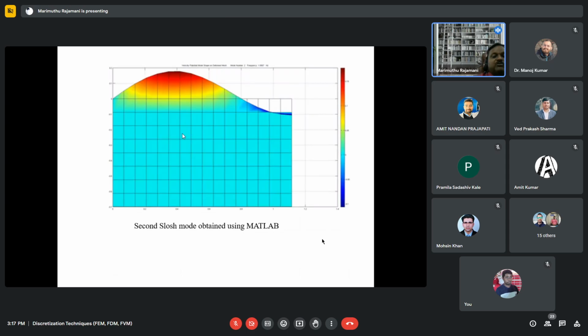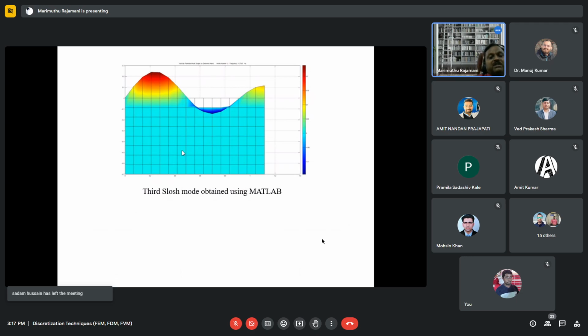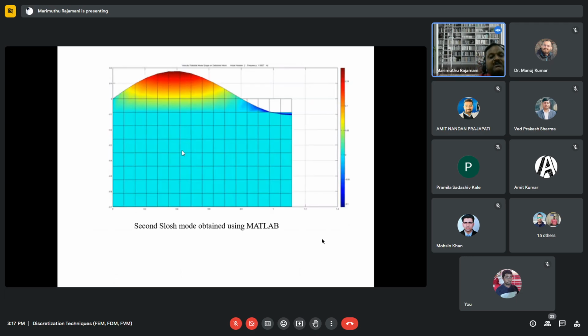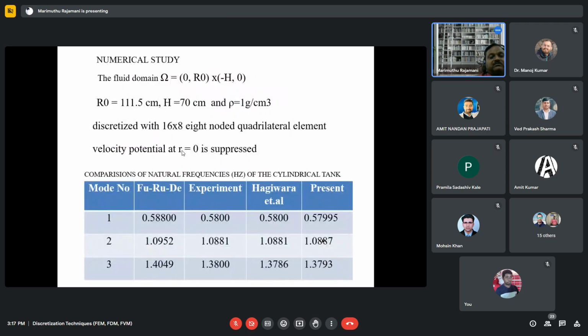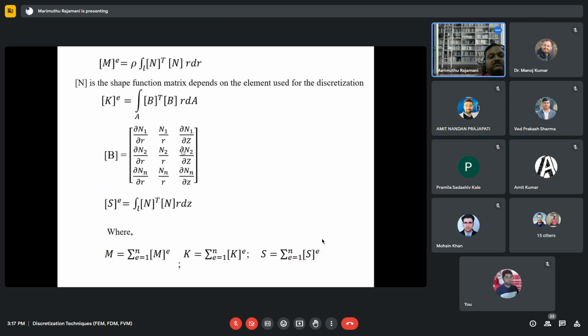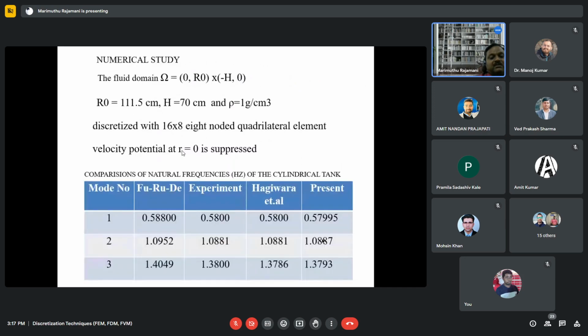This is the second mode, and this is the third mode, whose frequencies are given here: the first mode frequency, second mode frequency, and third mode frequency.